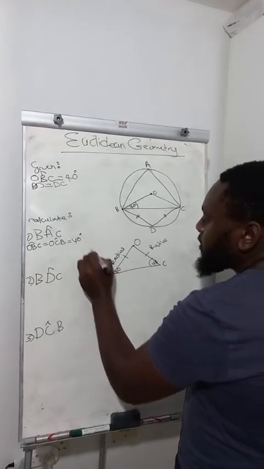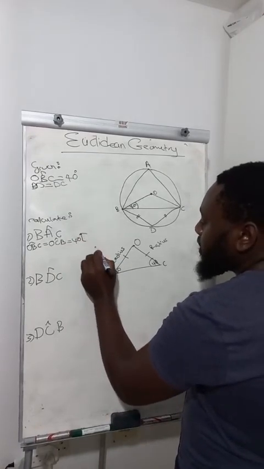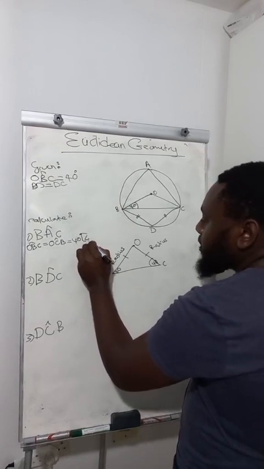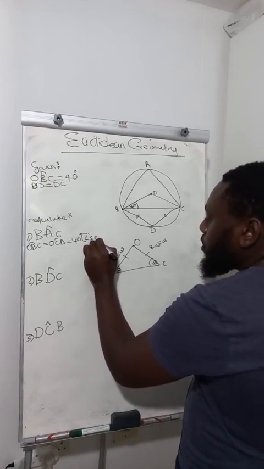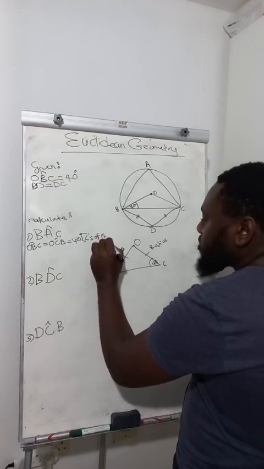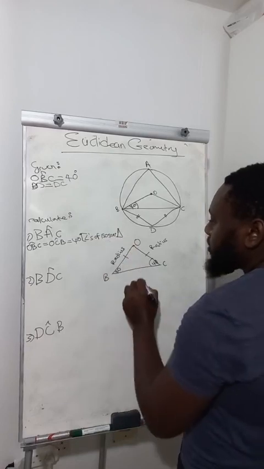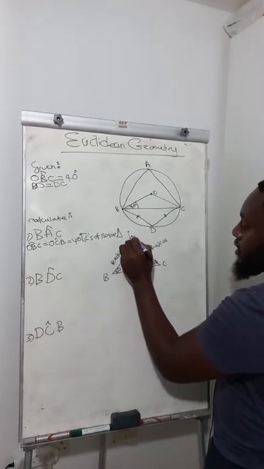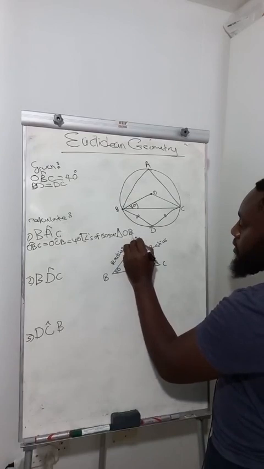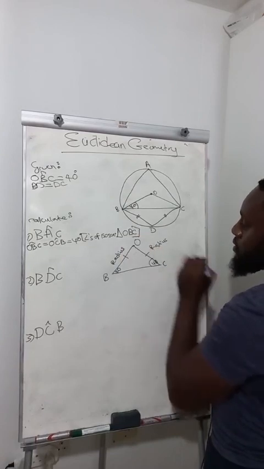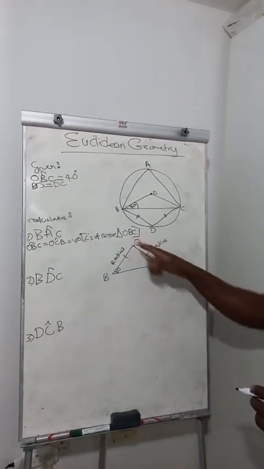The reason here will be base angles of an isosceles triangle. Which triangle? It's OBC. So this is your reason.